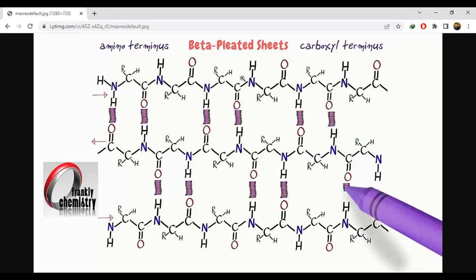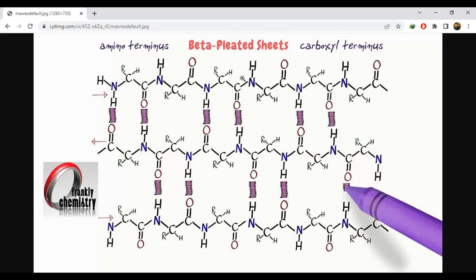Oxygen is attached to whom? Carboxyl group, carbon. Oxygen, that is syllabus to you. Oxygen atoms are attached to carbon. And hydrogen atoms are attached to nitrogen.